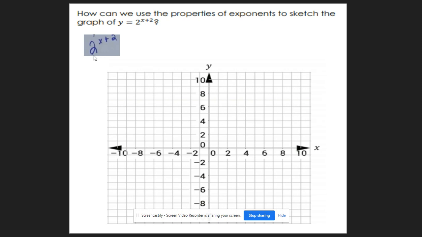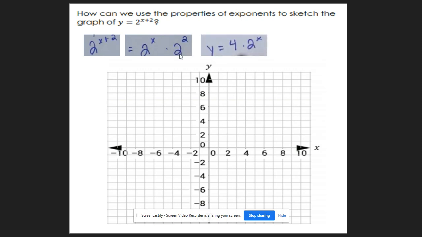Keeping in mind that if we have 2 to the power of x plus 2, we have a base of 2, and we have two terms. We have x, and we have positive 2. So if I just separate them as 2 to the x times 2 to the positive 2 power, I can go ahead and evaluate that and break that down a little bit.